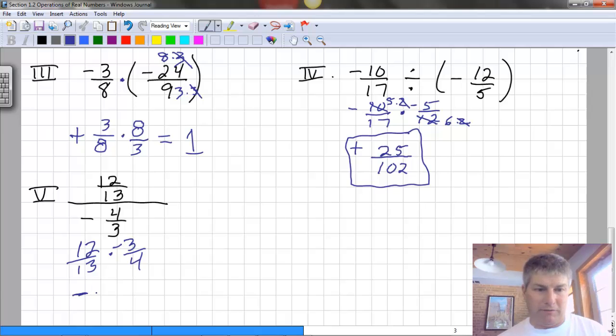I only have one negative here, so I'm going to have a negative answer. 12 and 4, I can simplify those because 12 is 4 times 3. So my 4's cancel. So I end up with 3 times negative 3, multiplying my numerators, negative 9 over 13, and that is my final answer.